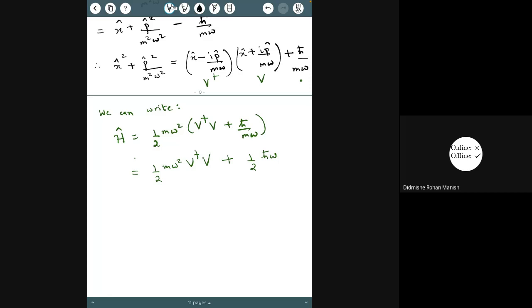This is pretty good, not perfect, but pretty good. We can simplify this even further because we have introduced one new operator, V, but we need some more information about V. So we can find out some more things about V.